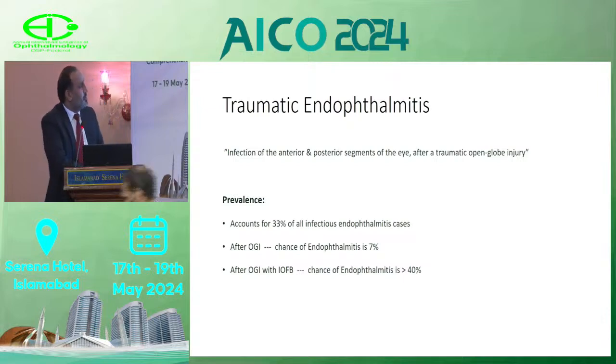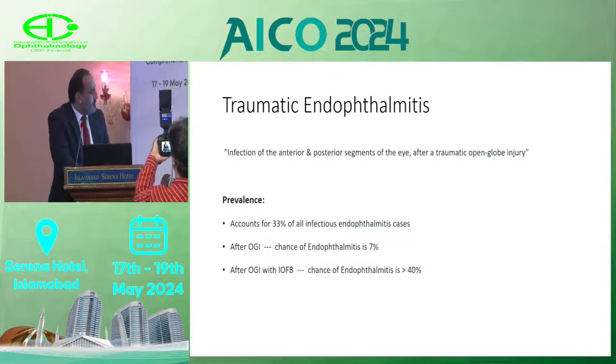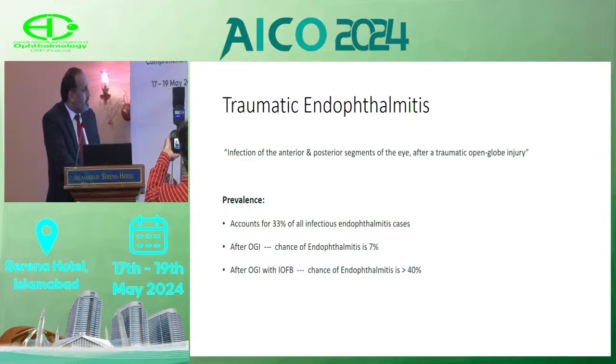So traumatic endophthalmitis is one of the challenging entities that we confront in our settings. Basically, this is the infection of anterior and posterior segments of the eye after an open globe injury. And it was just mentioned in the previous presentation that after open globe injury, the chance of endophthalmitis is from 7 to 25%, which is quite significant.